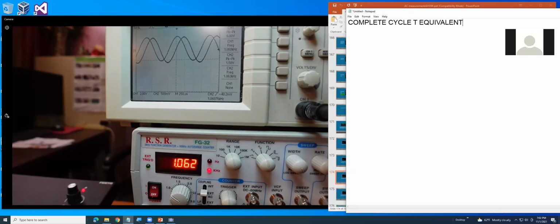It was 8 squares for 360 degrees, or 10 squares for 360 degrees. You can do it that way. Now you understand one cycle, T, is equivalent to 360 degrees.